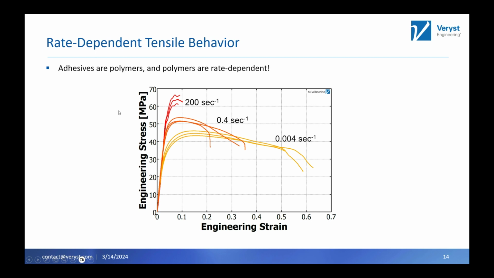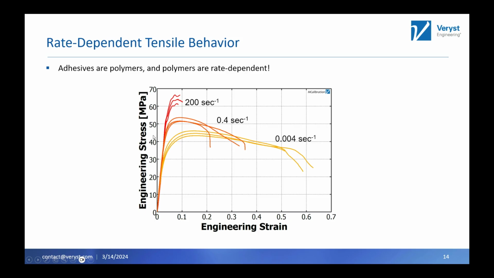If you aren't able to test your material at these impact rates, you're not going to be able to forecast how your part is going to respond under high strain rate or impact conditions. I think especially for this material, the strain to failure decreases by a lot as we go from low rates up to high rates.